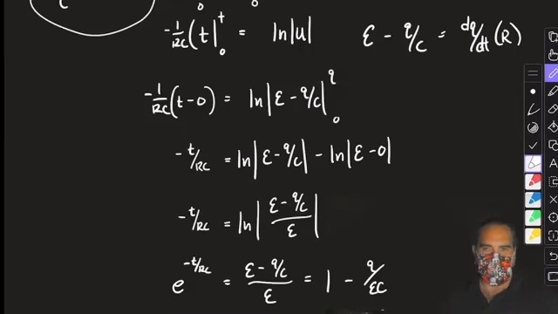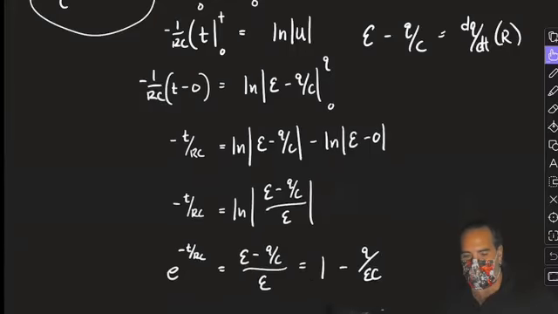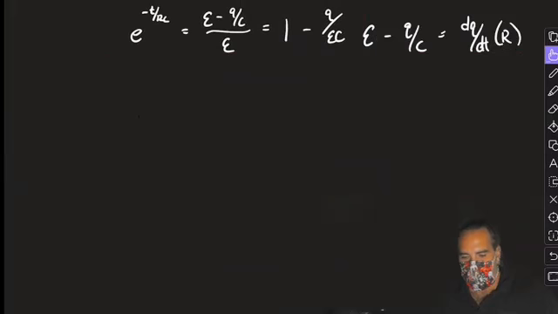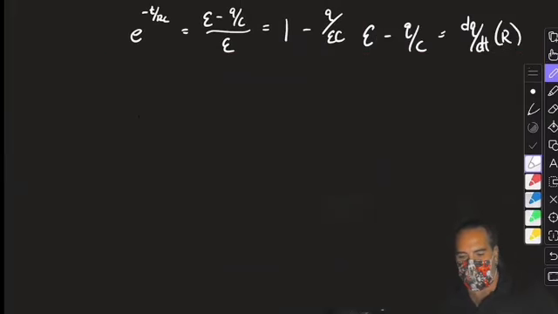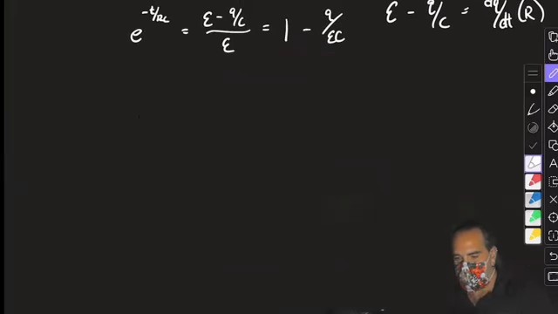Remember, our hope is to derive a function for q. So I want to solve this for q. And this gets me one step closer to solving it for q. But of course, we have run out of space again. So I know it's a lot, but let's go ahead and keep going.